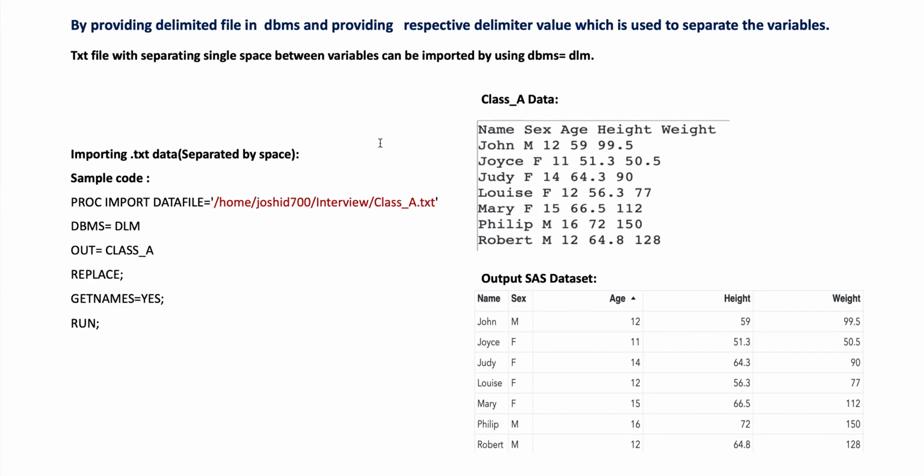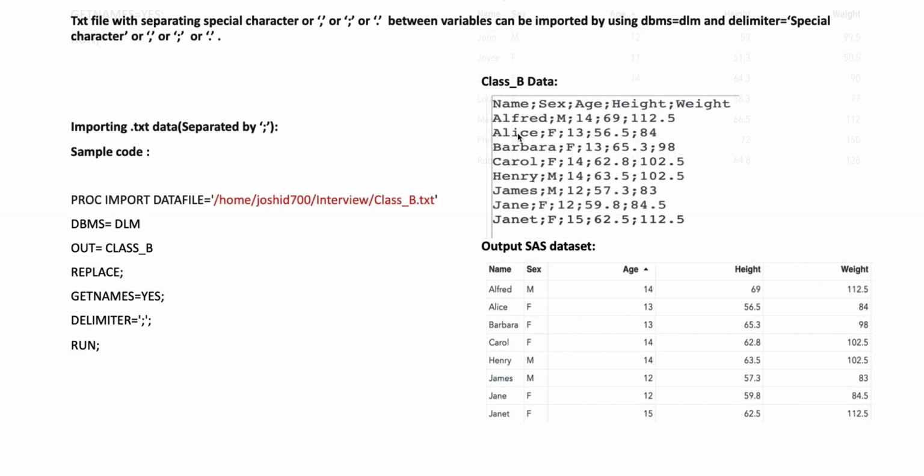By providing the delimited file option in DBMS and providing the respective delimiter value which is used to separate the variables, we can import a text file into a SAS dataset. We have 2 examples here. In the first example, variables are separated by a single space, and in the second example, variables are separated by a semicolon.